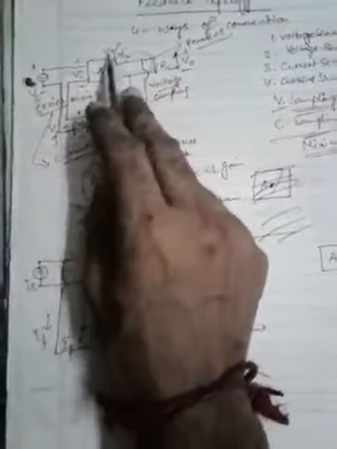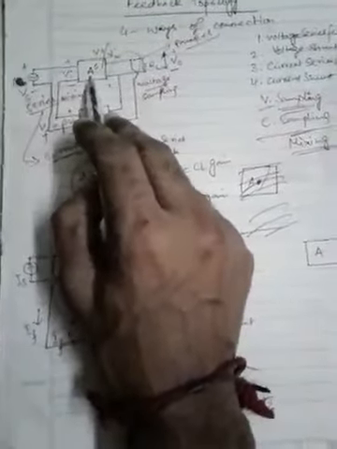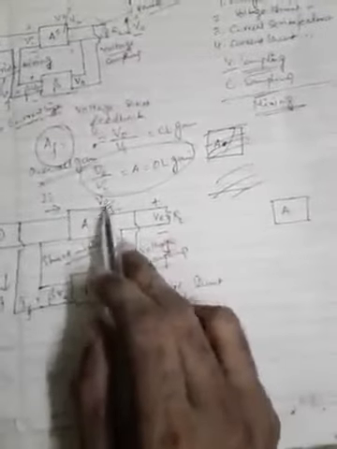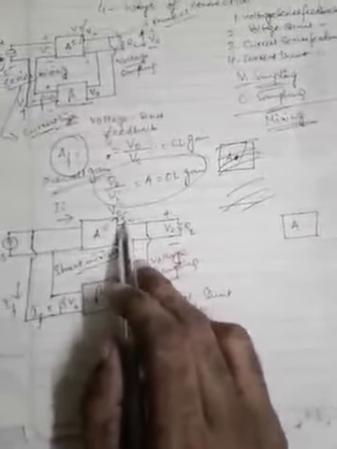Because in the previous case the open loop gain A is the voltage ratio, but here you can see it is a voltage and current ratio, not a voltage ratio. So just please note at this stage the difference between the two. Later we will see a different thing based on which these two types of topologies can be differently named, other than this voltage series feedback or this current shunt feedback.